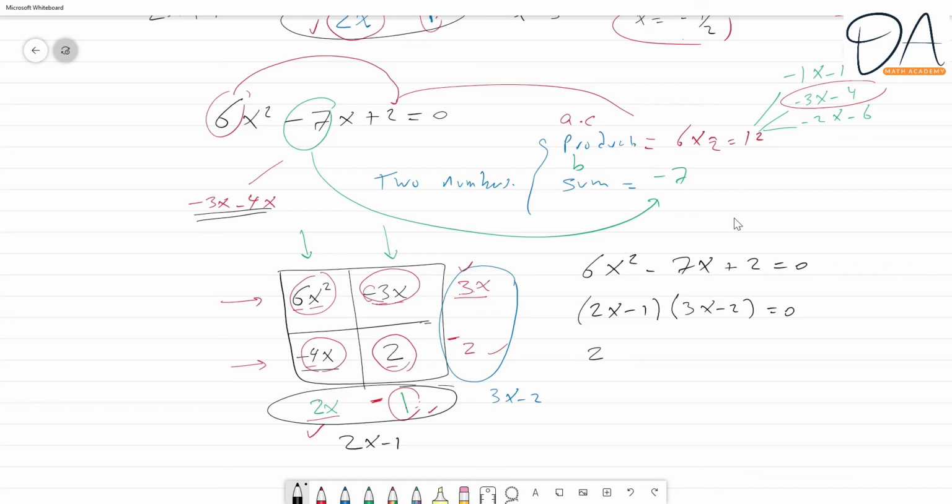Then we have 2x minus 1 equal to 0, or 3x minus 2 equal to 0. Here I add 1 to both sides, so I'll get 2x equal to 1, or I add 2 to both sides and I'll get 3x equal to 2. I divide here by 2, so I get x equal to 1/2, or I divide here by 3, I get x equal to 2/3.